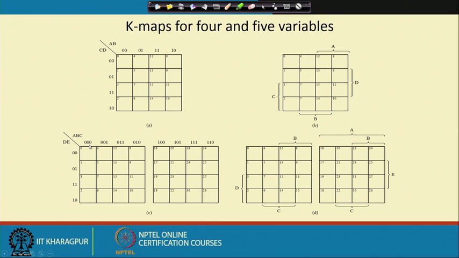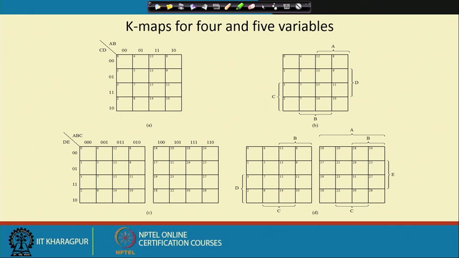Okay. So, in one of the maps A is equal to 0. You see all the combinations that we have here, A is equal to 0. So, here also A is 0, here also A is 0, and on this side I have taken all the permutations, all the combinations where A is equal to 1. That way, as if we split the map into 2, one for A equal to 0, other for A equal to 1.